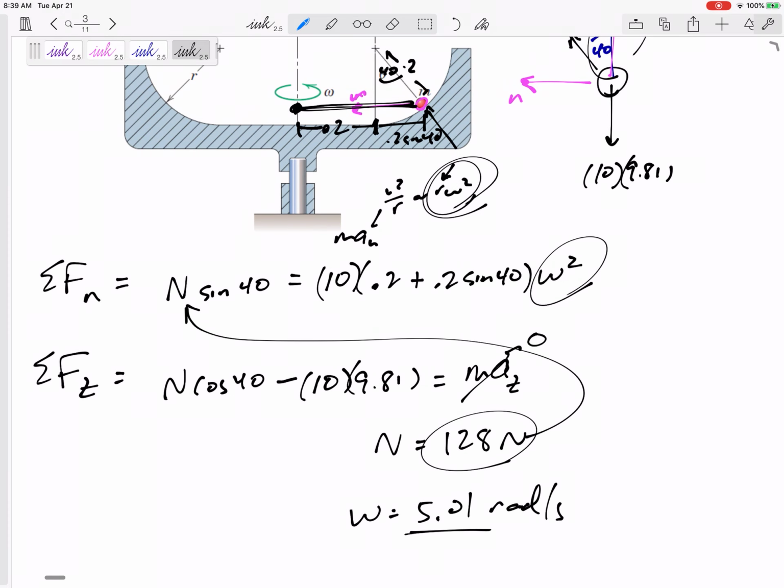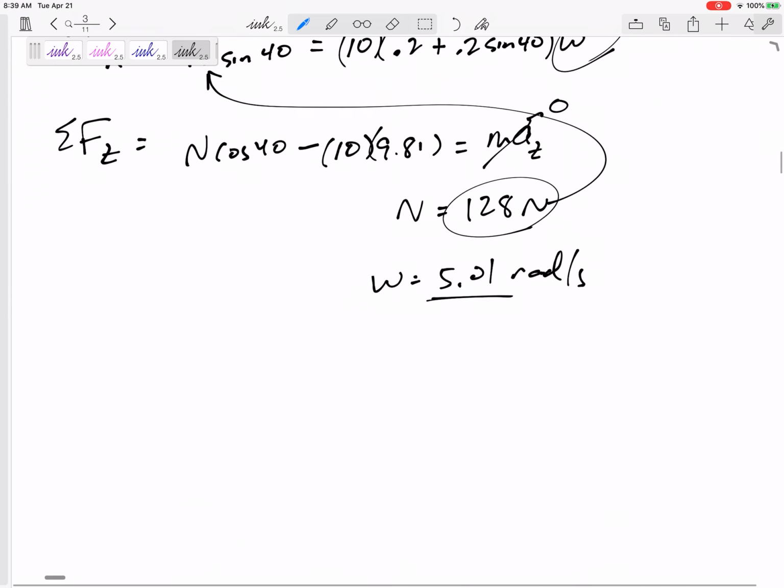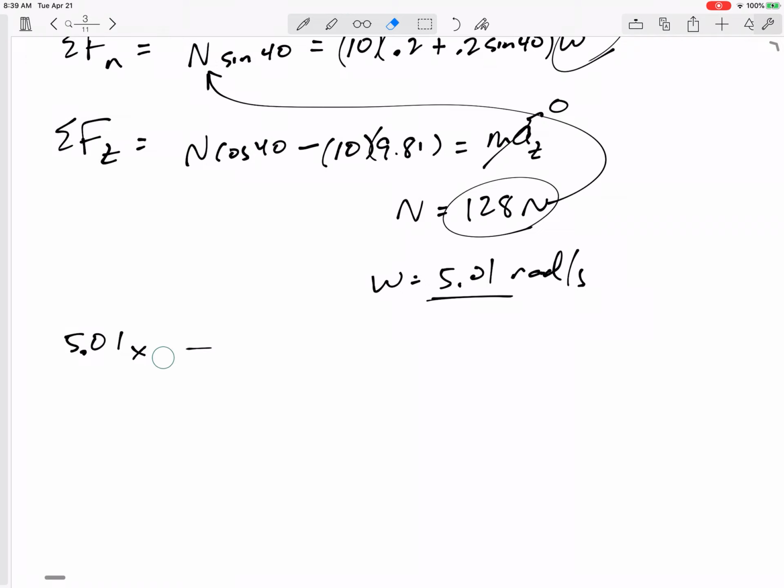If I could stop right there, I would have. But the omega is 5.01 radians per second, and it wants the angular velocity in RPM, in revolutions per minute. So it's just a unit conversion. 5.01. What are the units I have here to begin with? Radians per second. Now I want to convert radians over seconds. I want to convert radians to revolutions.